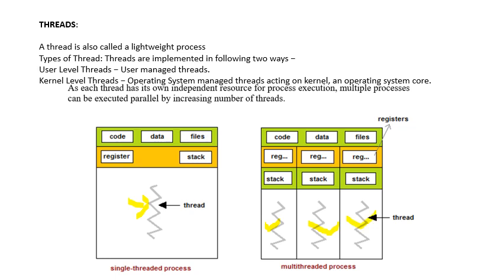For a single-threaded process, the code, data, files, registers and stack are individual. In a multi-threaded process, the code, data and files are common to all the threads, but the registers and stack are individual for the different threads. So this is the main difference.